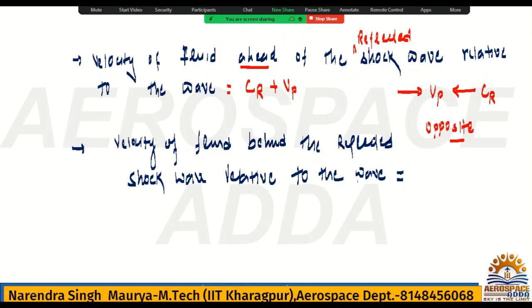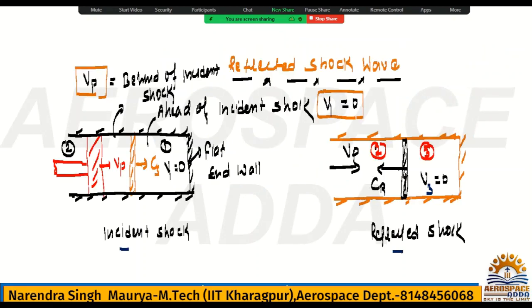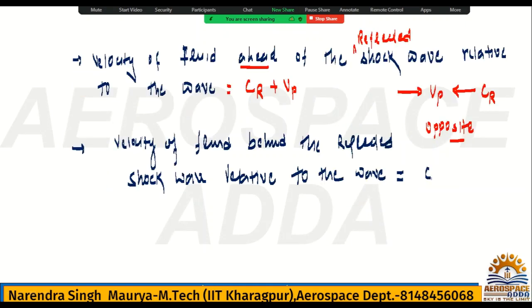Simple. The velocity of the fluid behind the shock. So where is behind the shock? Check the diagram. This is the shock here. So behind the shock it will be only Cr. Yes or no? Because behind the shock, suppose the shock is coming this way, if you write the velocity, we have Cr and V3, but what is V3? V3 is 0. So you can say Cr, because V3 becomes 0, so the speed behind the shock will be only Cr. Yes or no? So this is Cr only.